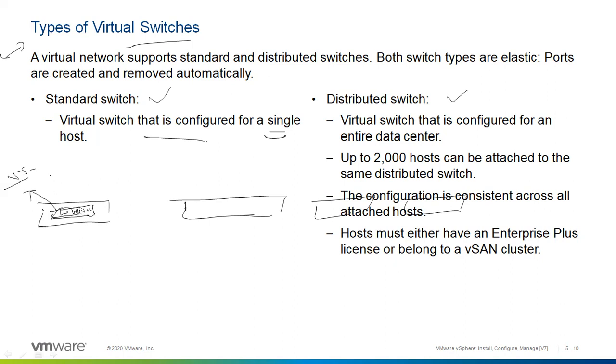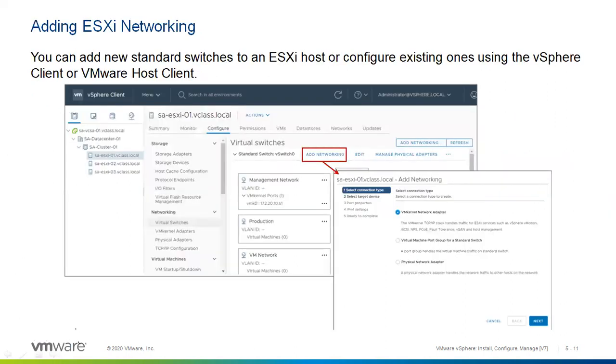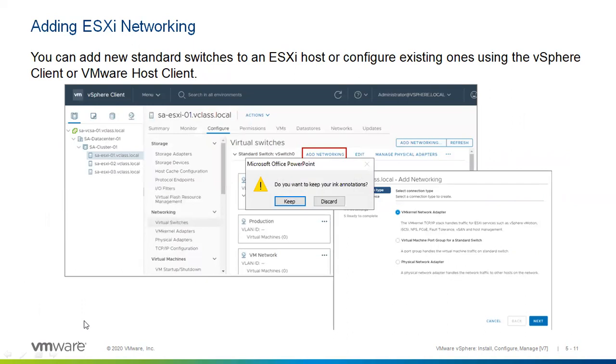Taking one example, we have to create 4 port groups for VMs, like one for prod, one for dev and test, one for DMZ. And again we have to create 4 VM kernel ports, for vMotion, probably vSAN, probably FT, something like that. And management is already available.